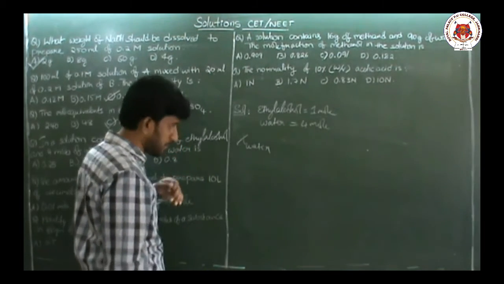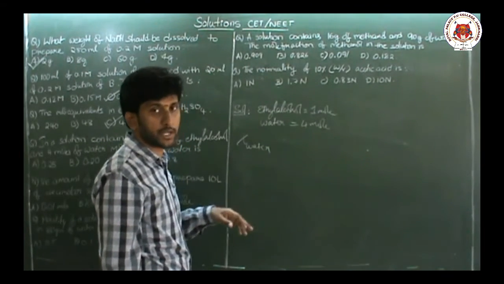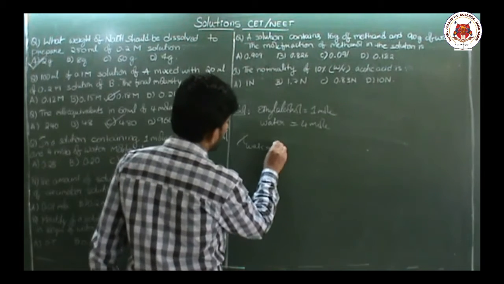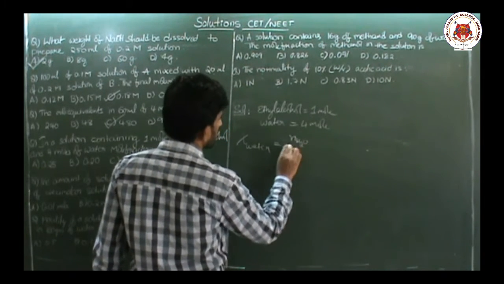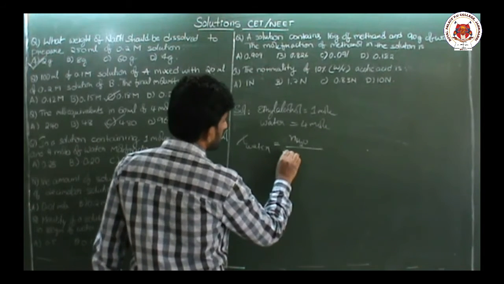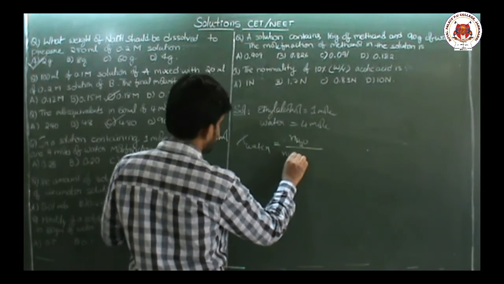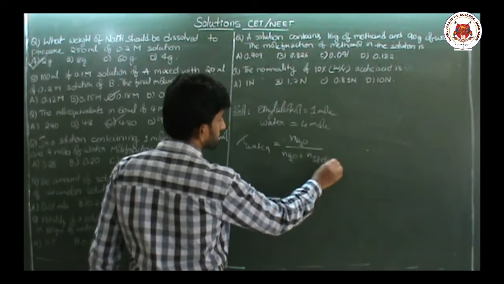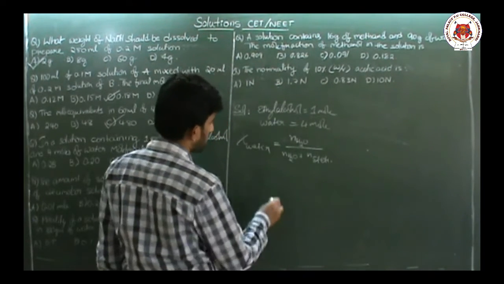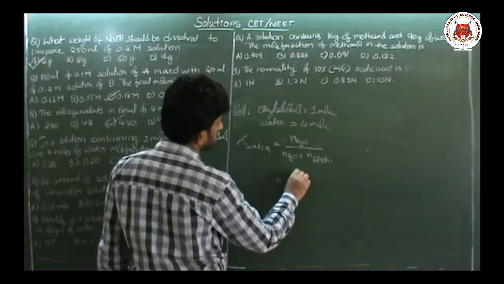Generally mole fraction is the number of moles of the component by the total number of moles. Mole fraction of water is number of moles of water divided by number of moles of water plus number of moles of ethyl alcohol. Number of moles of water is 4.